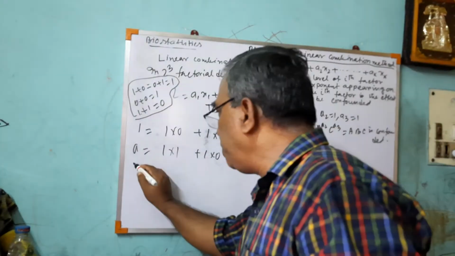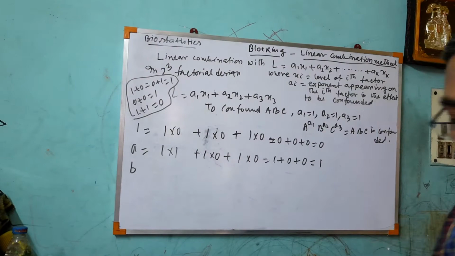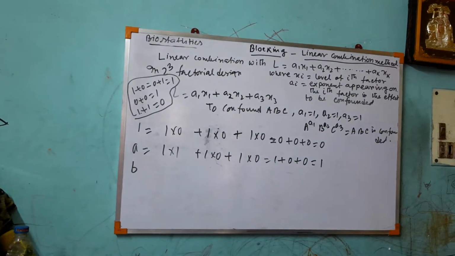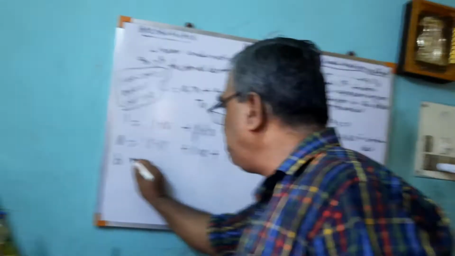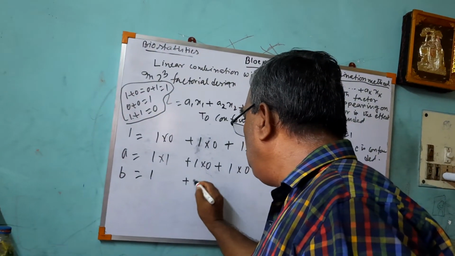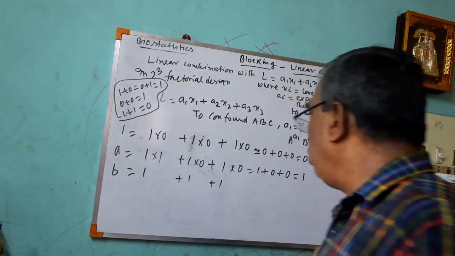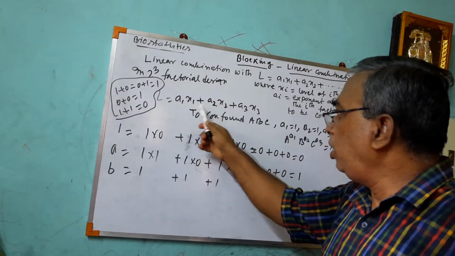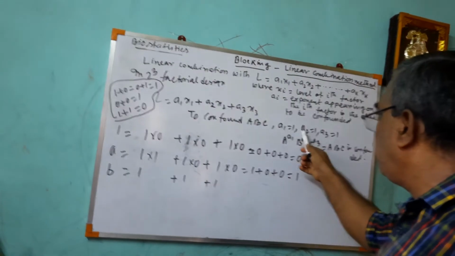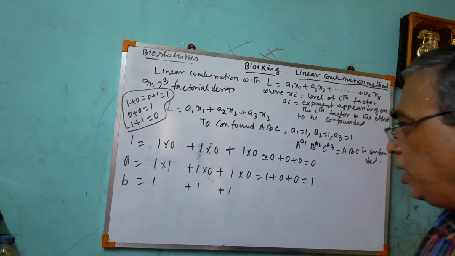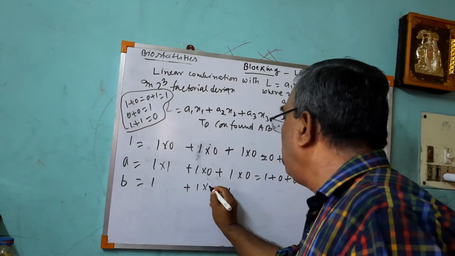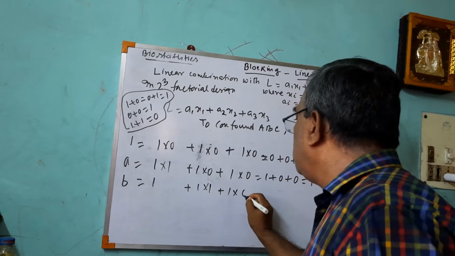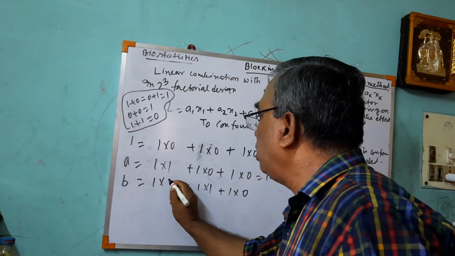Now B. In case of B, same thing, A1, A2, A3 equal to 1. Now x2 will be 1, x3 will be 0, x1 will be 0.